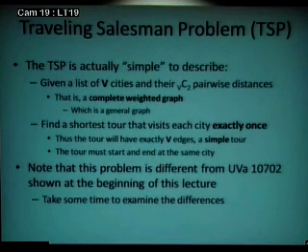You need to go from A, go to B, go to C, and so on, visit all other vertices, and then finally come back to A. So the only vertex that is allowed to be repeated is the starting vertex. The starting vertex goes to all other p minus 1 vertices, and finally comes back to vertex A. The only vertex that is allowed to be repeated is the starting one. We want a tour.